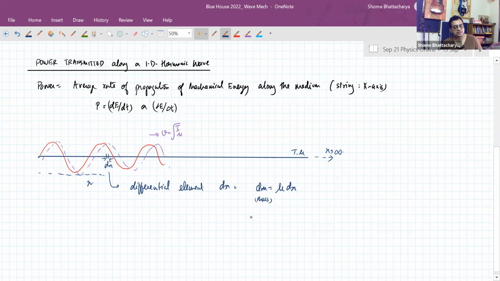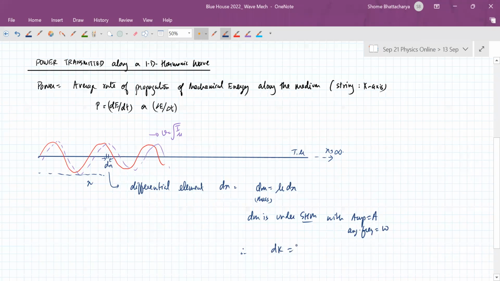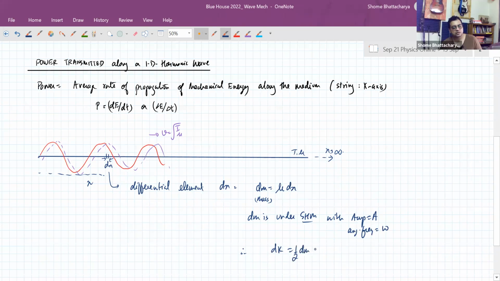So this section, this dm, is under SHM with amplitude equal to a and angular frequency equal to omega. So therefore, it has a kinetic energy at any instant which is half dm into del y by del t whole square.